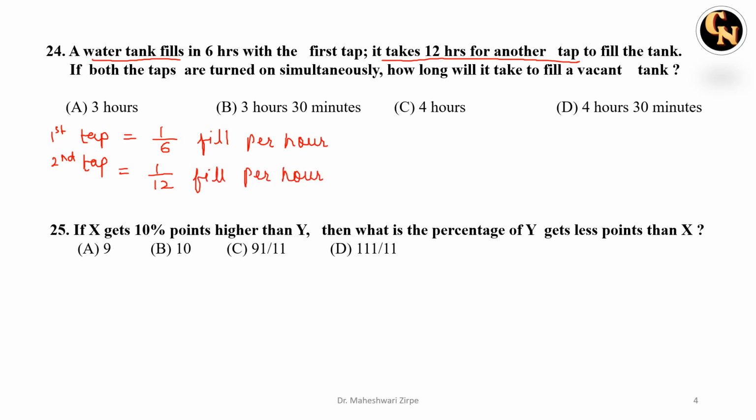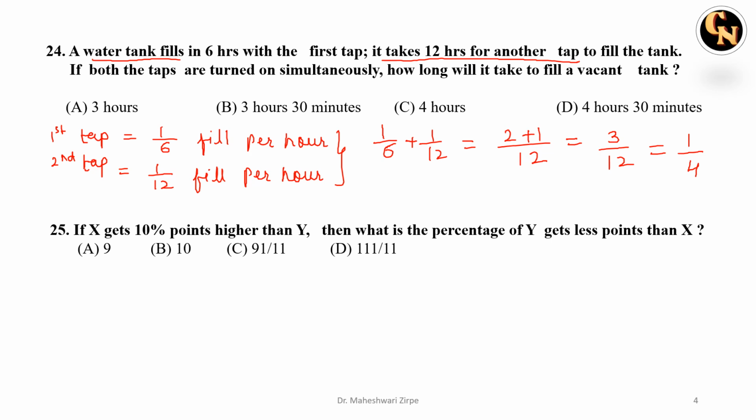Okay, per hour. Now together how much will it fill? Both together, it is 1/6 plus 1/12. So let us first calculate. 1/6 plus 1/12, if you take 12 as the LCM, it will be 2 plus 1. So it is 3/12. That means if you reduce it to the simplest fraction, it will be 1/4.